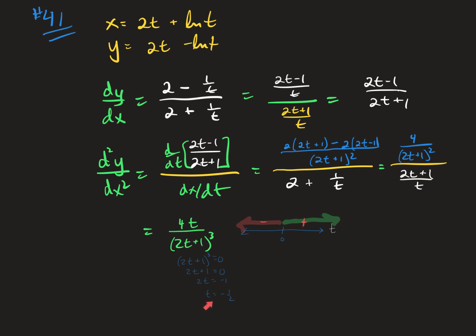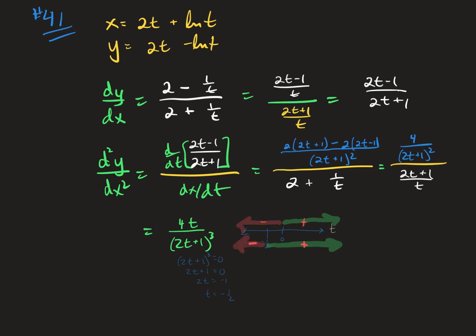If we check a value to the right of t equals negative a half, like 0, the denominator is positive. And when t is to the left of negative 1/2, for example, if t is negative 1, we'd have negative 2 plus 1, which is negative 1, cubed is negative. So on this side of t equals negative 1/2, the denominator will be negative.